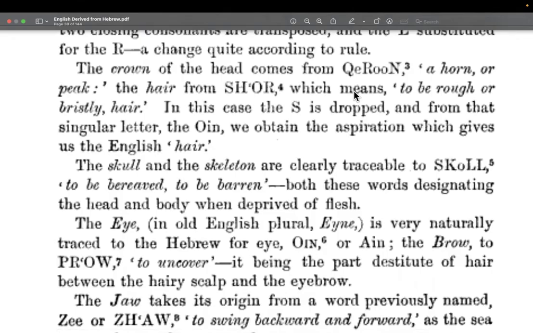In this case, the S is dropped, and from the singular letter, the ayin, we obtain the aspiration which gives us the English air.